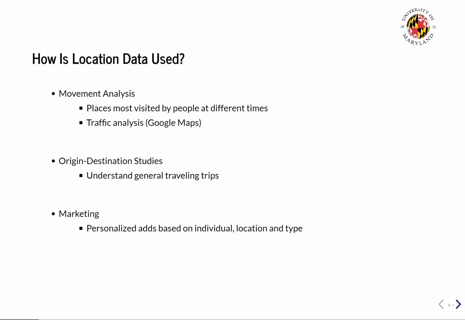Second application is the origin destination studies. Analysis like from where and to where people travel can be done, and this can be used to understand where to position public transit routes or stations, like even bus stops. An example of using this geolocation data on the business side is using it for targeted marketing, for advertisements based on location.